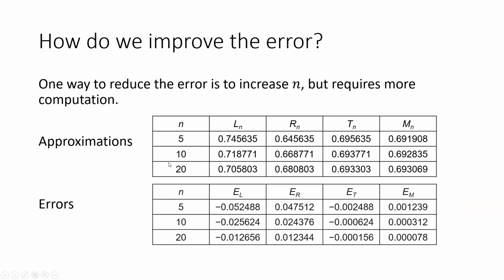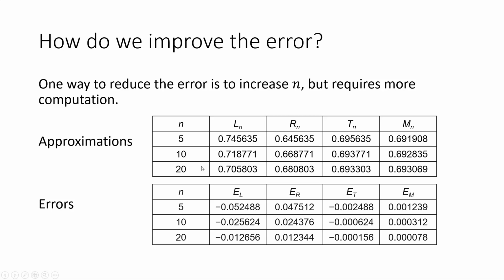And here's a way to look at a variety of different approximations to see roughly how they compare. Definitely the trapezoid and midpoint rules are going to be much more accurate than the left or the right endpoint rules. So computing the same integral with left endpoints, right endpoints, trapezoidal, and midpoint rule, we're also looking at different numbers of rectangles. Clearly, as we increase the number of rectangles, we get a more accurate approximation.